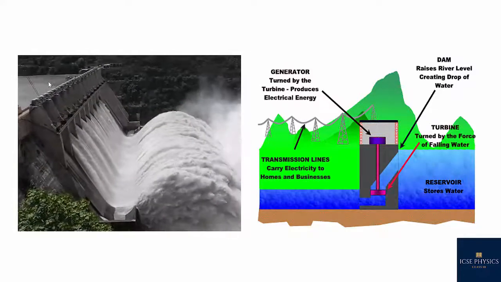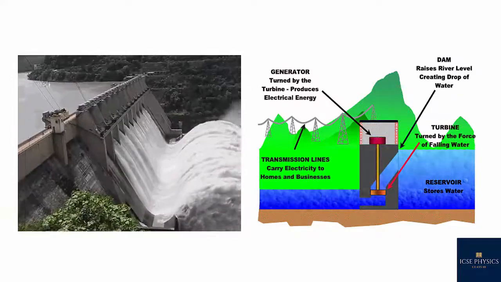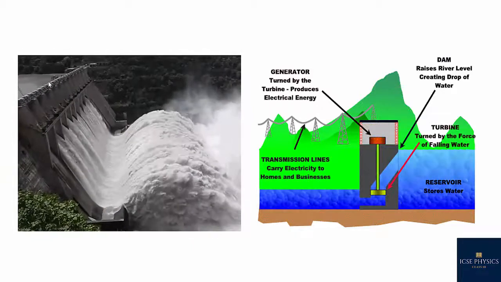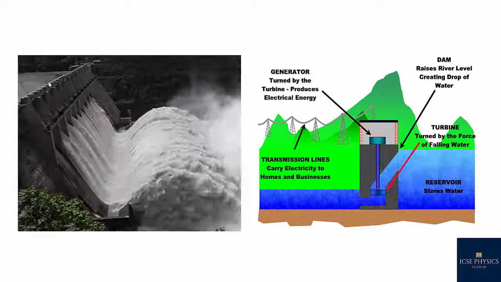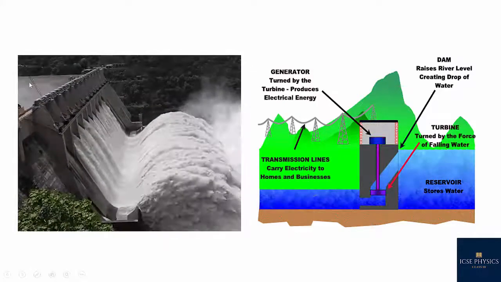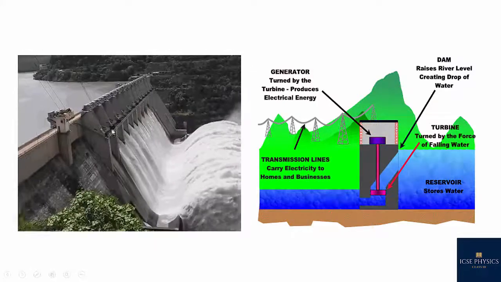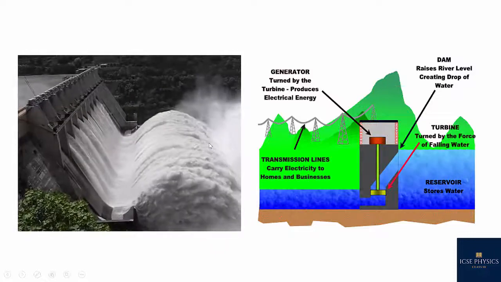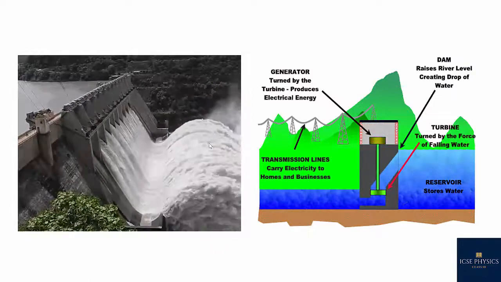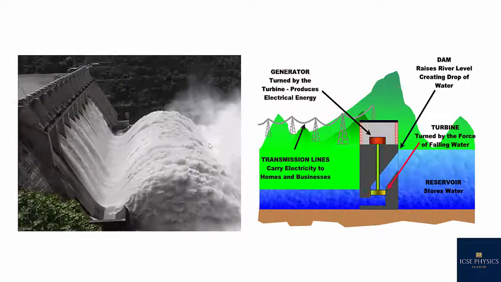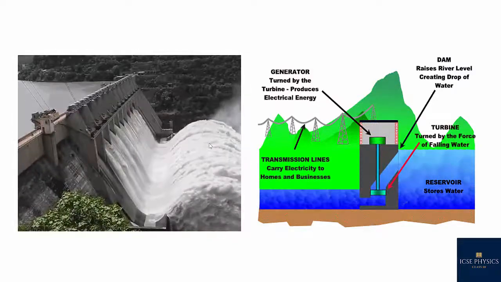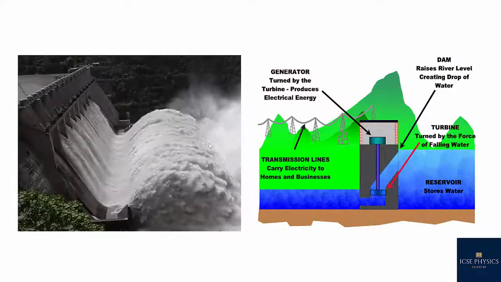So when water from the dam falls on the water turbine, the potential energy of the water stored in the dam changes into kinetic energy. First the water had stored energy, and then when it starts to fall, or when it is in motion, it changes to kinetic energy. Then the kinetic energy becomes rotational kinetic energy as it rotates the turbine.